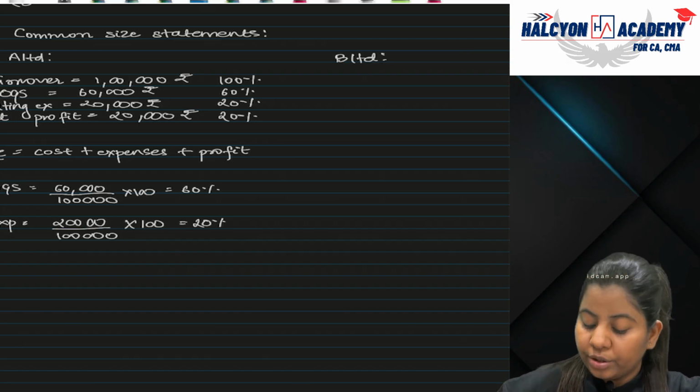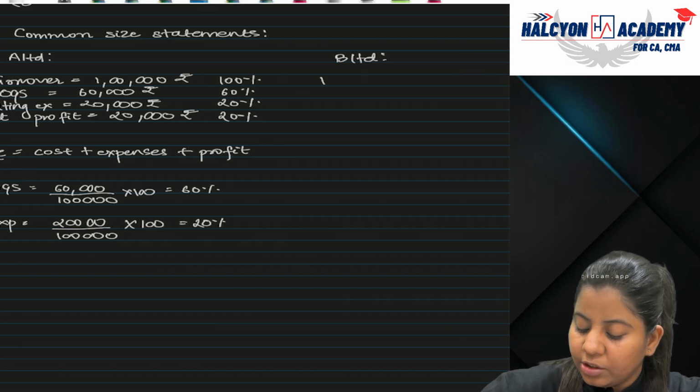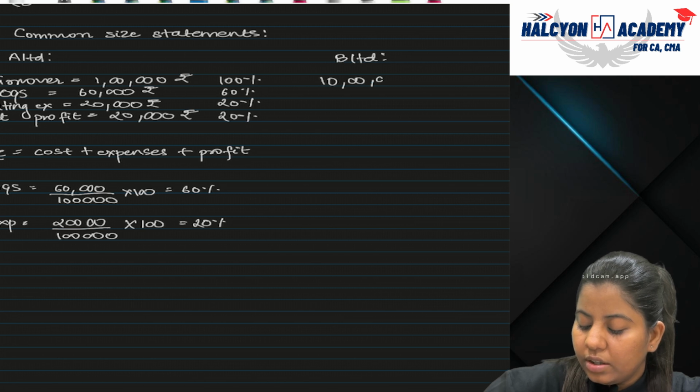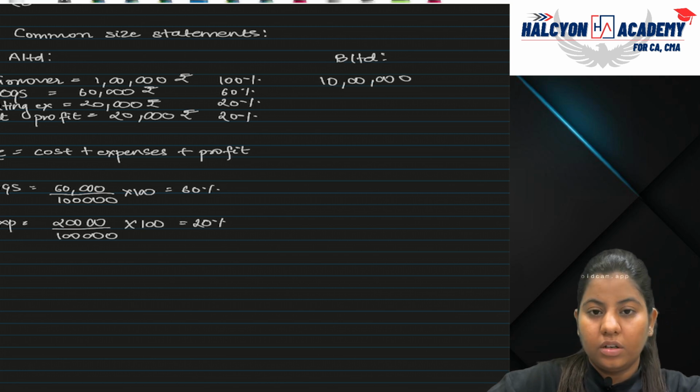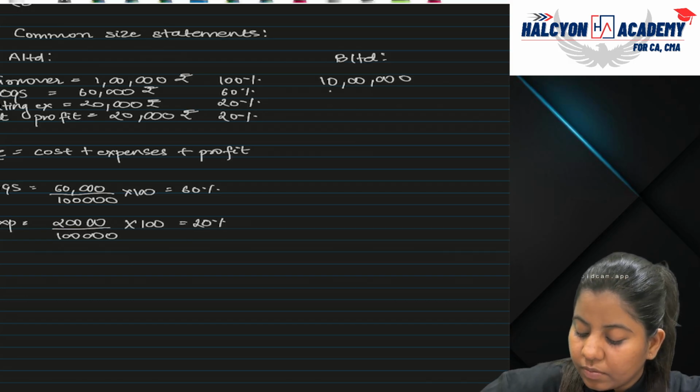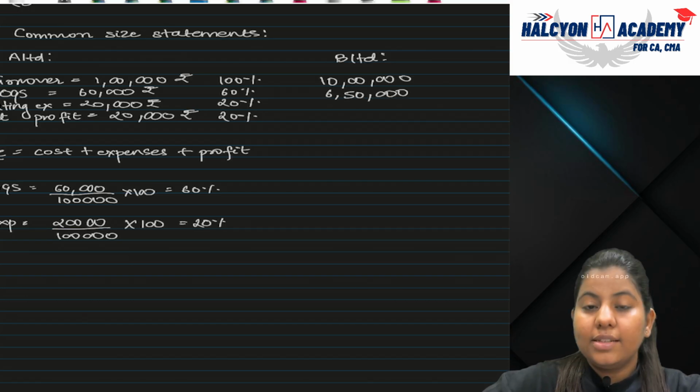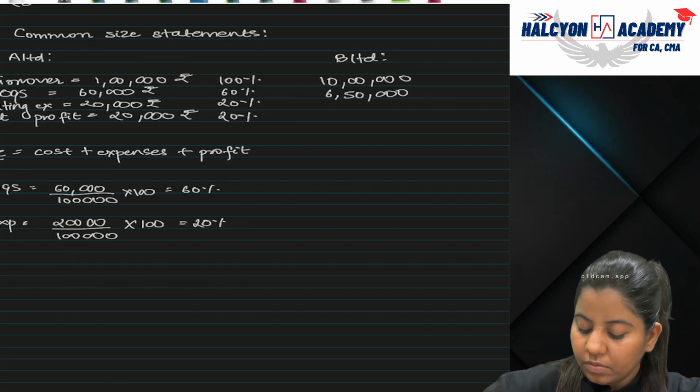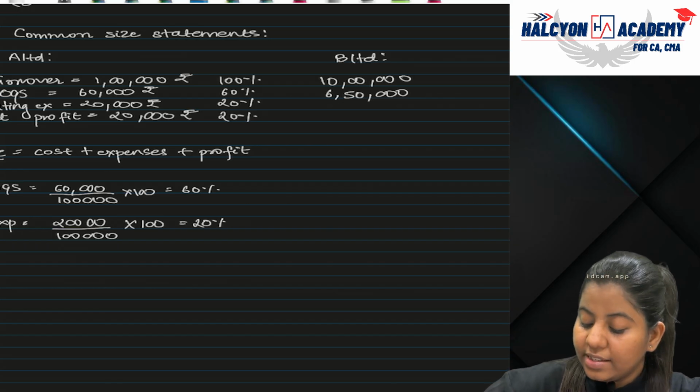Now the turnover of B Limited is 10 lakh rupees. Okay. Cost of goods sold 6,50,000. Operating expenses 1,50,000.